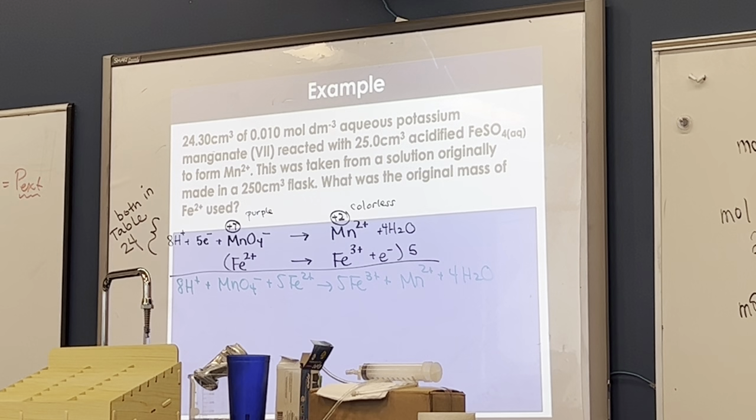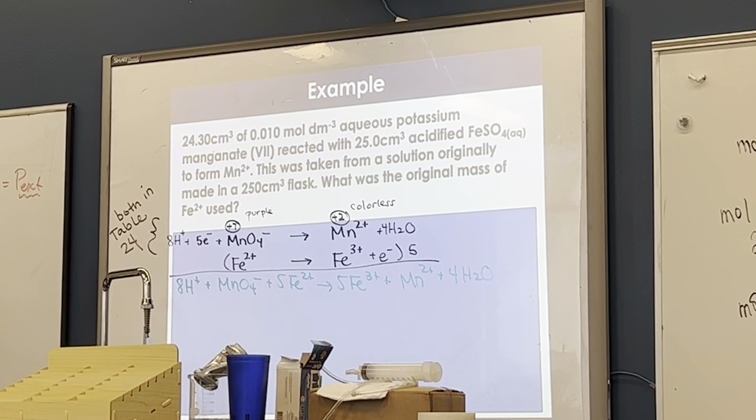But as soon as you knew that the iron had to be oxidized, you could look up that there's only one reaction that's oxidizing iron 2. If you wanted to look up the common oxidation numbers of iron, it's going to be 2 or 3 in whatever table that is. That'd be table 14.